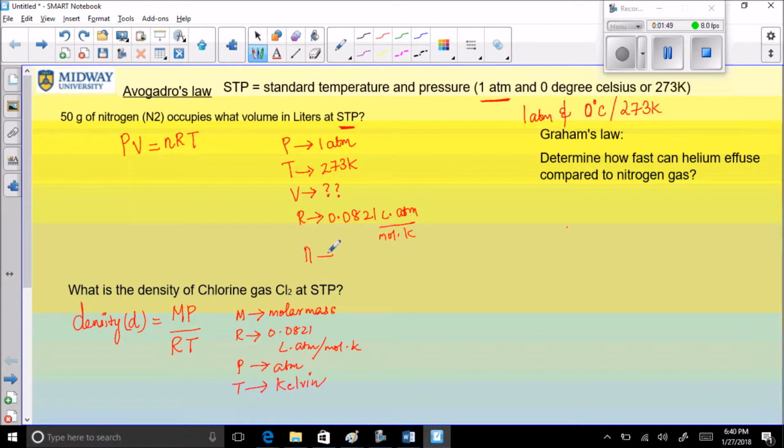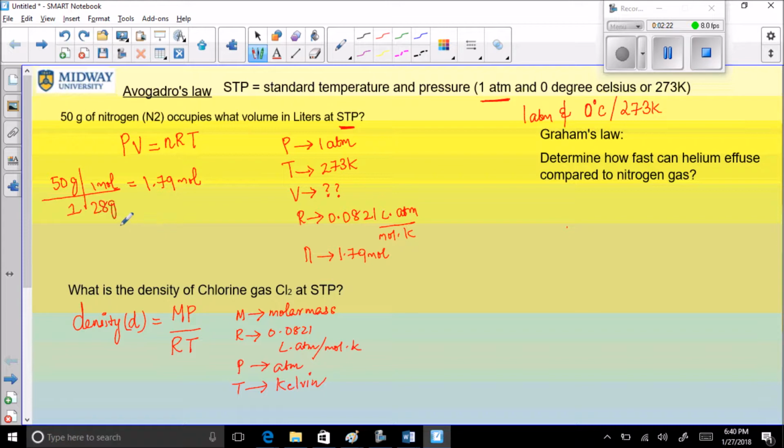N is something we have to find: if you take 50 grams of nitrogen, the molar mass of nitrogen gas is 28 grams per mole. So the idea of being able to convert moles to grams or grams to moles is very, very important. So that's 1.79 moles. Now we know the n value is 1.79 moles.